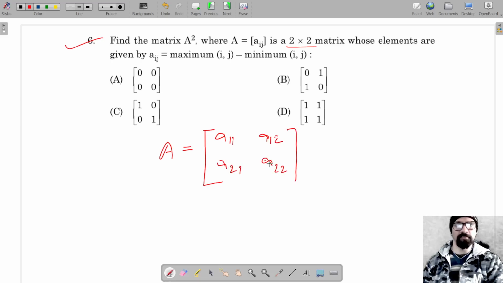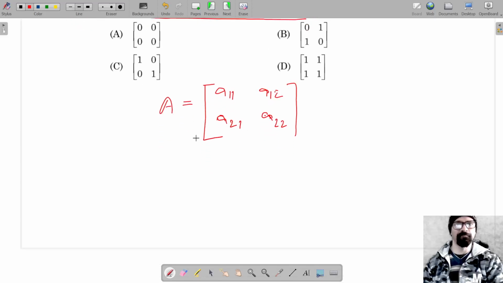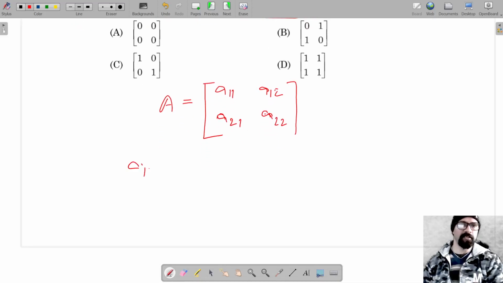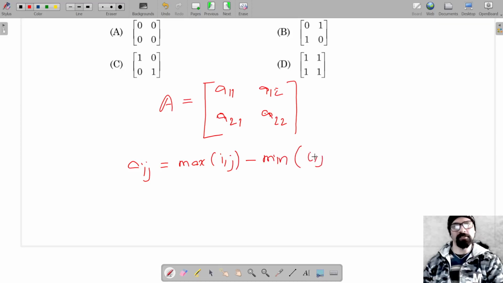So we have to get the elements A11, A12, A21, A22, and how do we get this? This is a formula given. So it says that Aij is equal to max of i and j, where i is the row and j is the column, minus minimum of i and j.